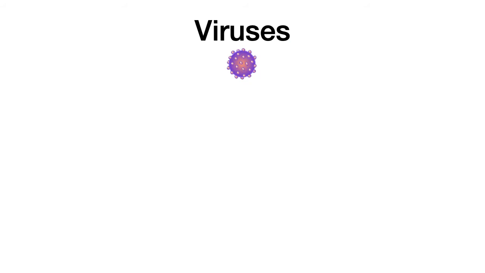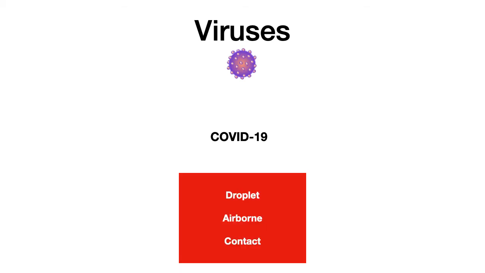So let us look at other viruses that could get transmitted by air as well as contact. We are in the midst of the COVID-19 pandemic, and it's important to understand that COVID-19 can get transmitted by droplets, airborne transmission, as well as contact transmission.